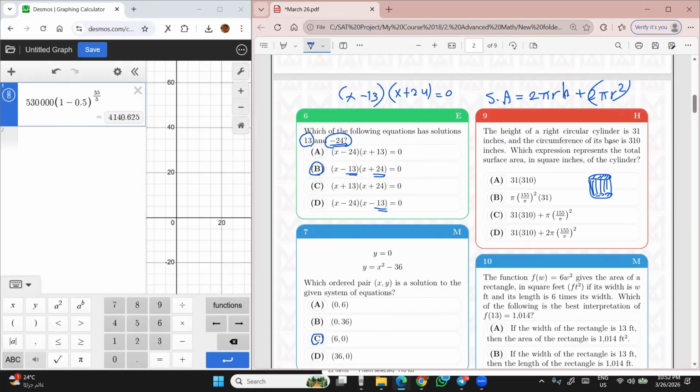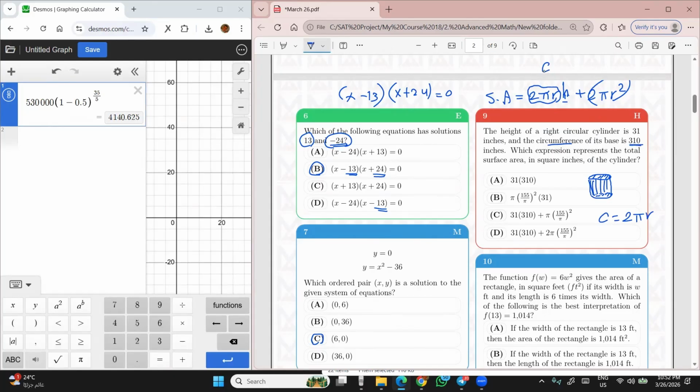not given directly. We need to grab the radius from the question itself. The height is given as 31, but the circumference is 310. What is the circumference? Circumference is always equal to 2 pi r. So instead of this 2 pi r, we can replace it by C, which is the circumference, and it's already given here.